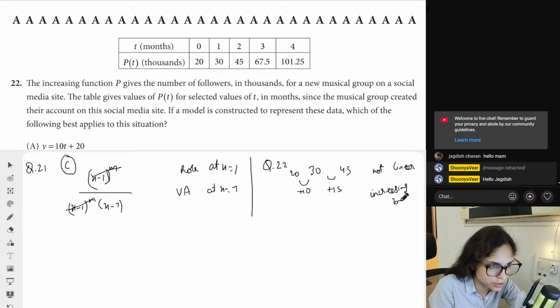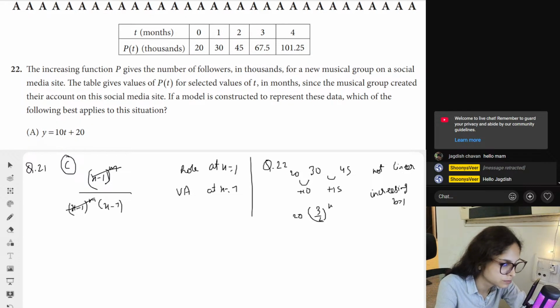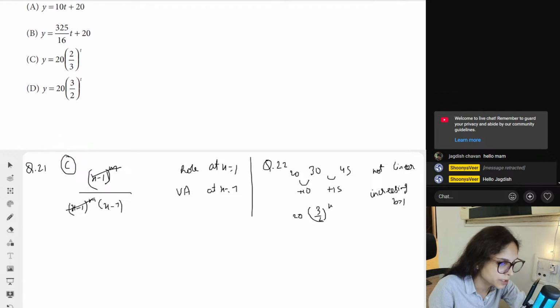Increasing means b has to be greater than 1. So it will be 3 halves to the power x. So 20 times 3 halves to the power t. And that is option D.